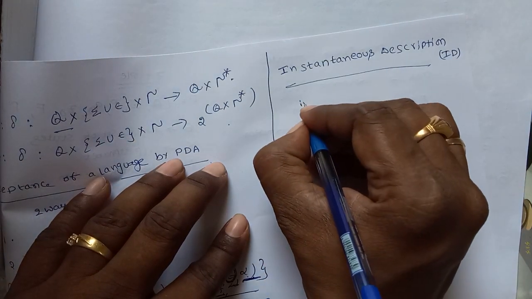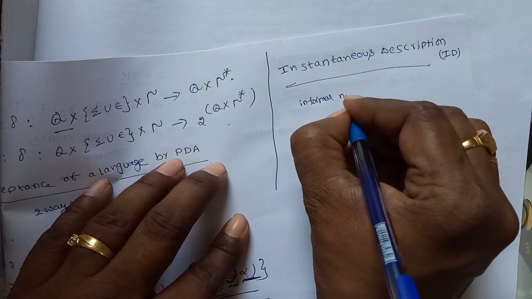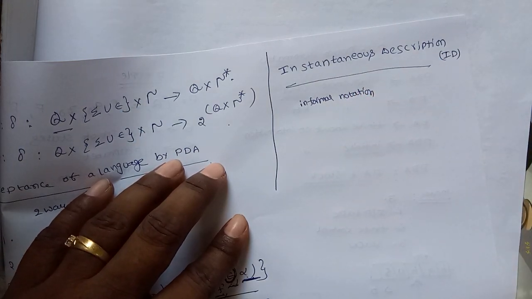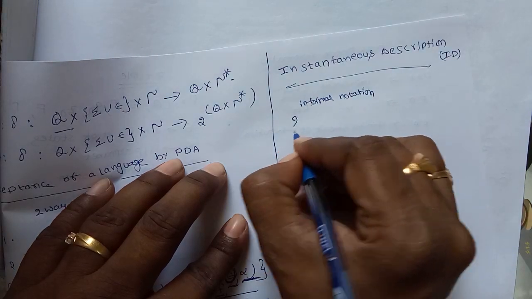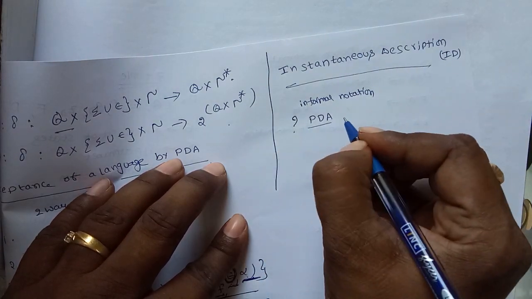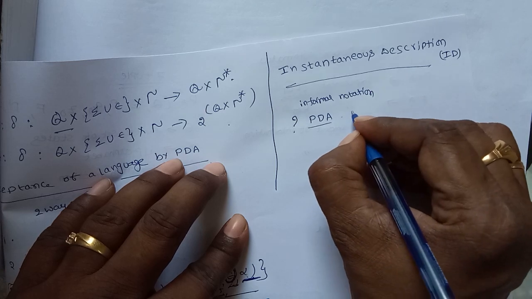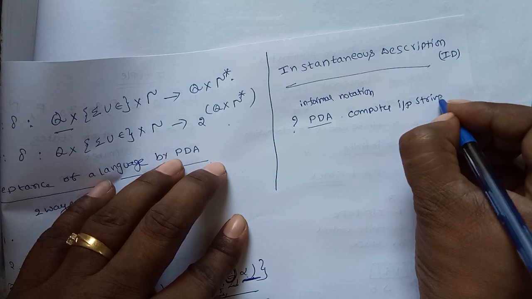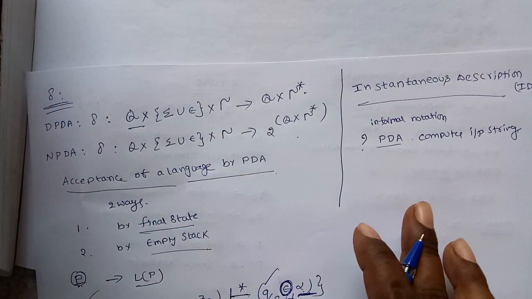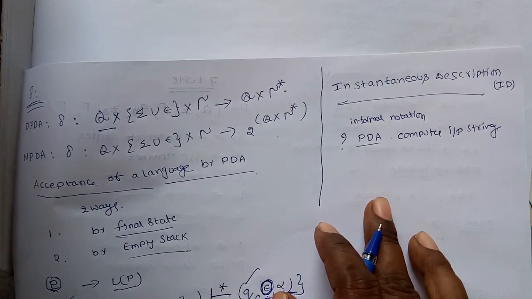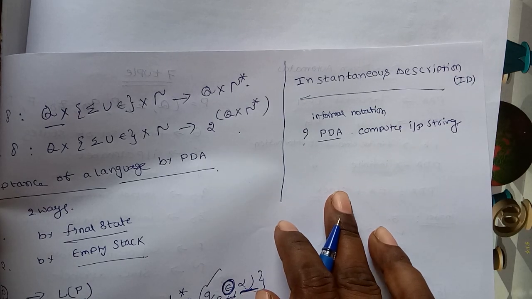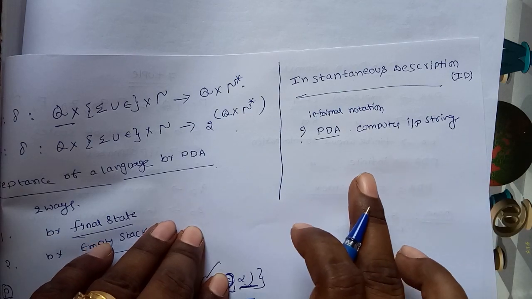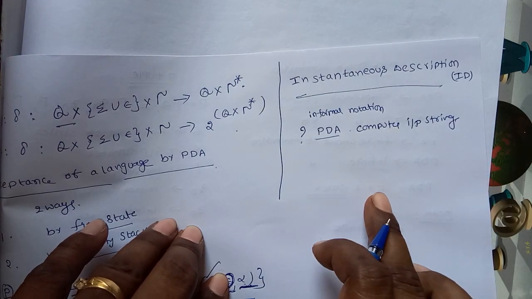This specifies simply an informal notation of how a PDA, how a push down automata, computes the input string. That is, I am given an input string. How the push down automata computes the input string such that it checks whether the string is accepted or rejected.